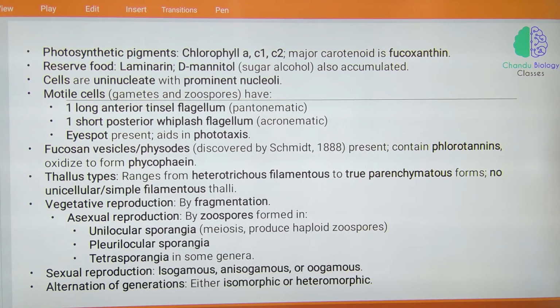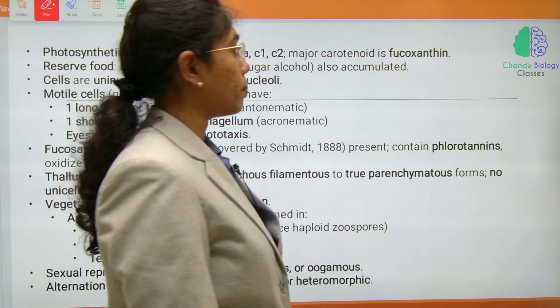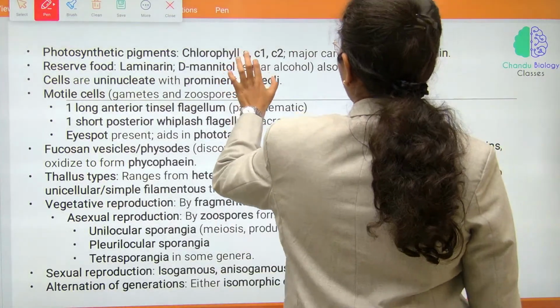Then photosynthetic pigments. What are the major photosynthetic pigments that you can observe in brown algae? The major photosynthetic pigments are chlorophyll a and chlorophyll c.